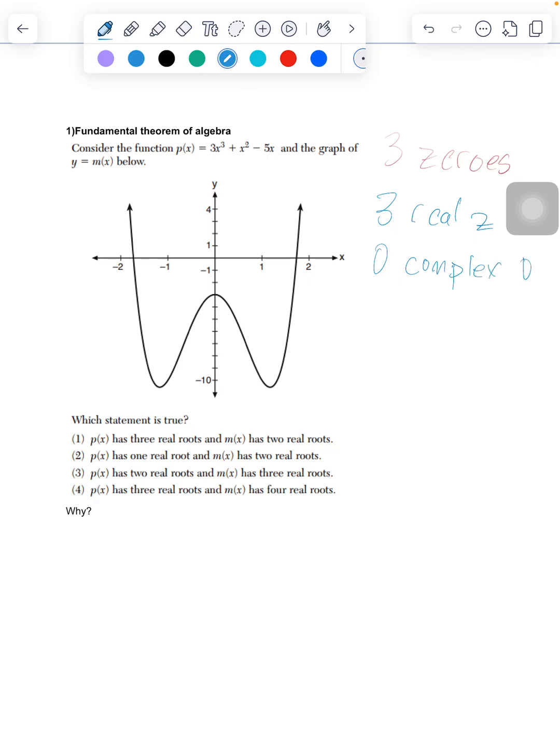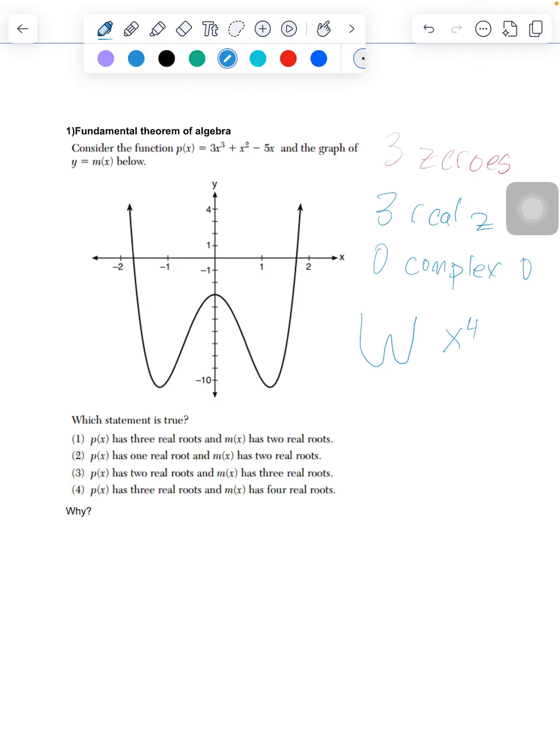All right, and then let's take a look at the graph below, y equals m of x. So whenever you see a graph like this, usually, right, a W-looking graph like this, this is usually some quartic function. So this is some function x to the 4th, right? Something to the 4th power, that's going to be the highest power, right?